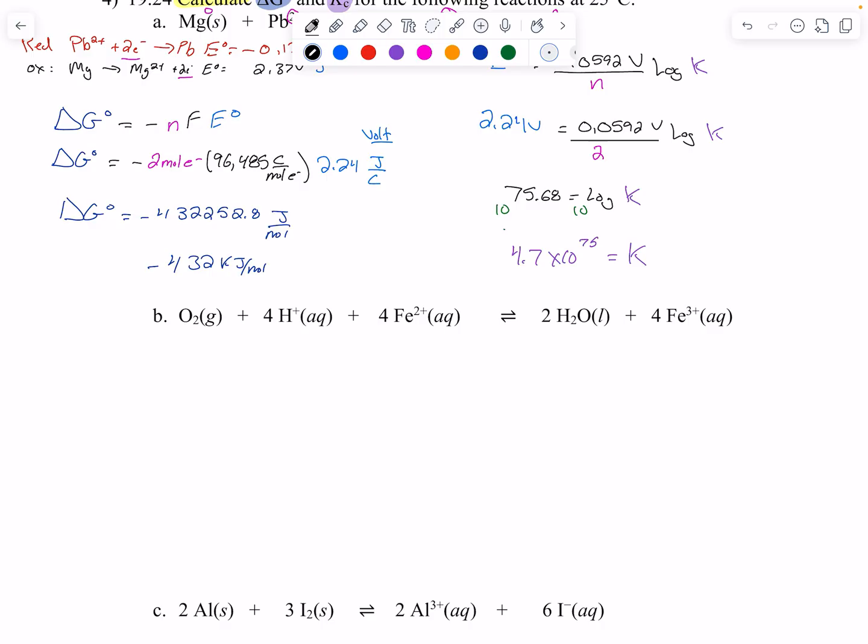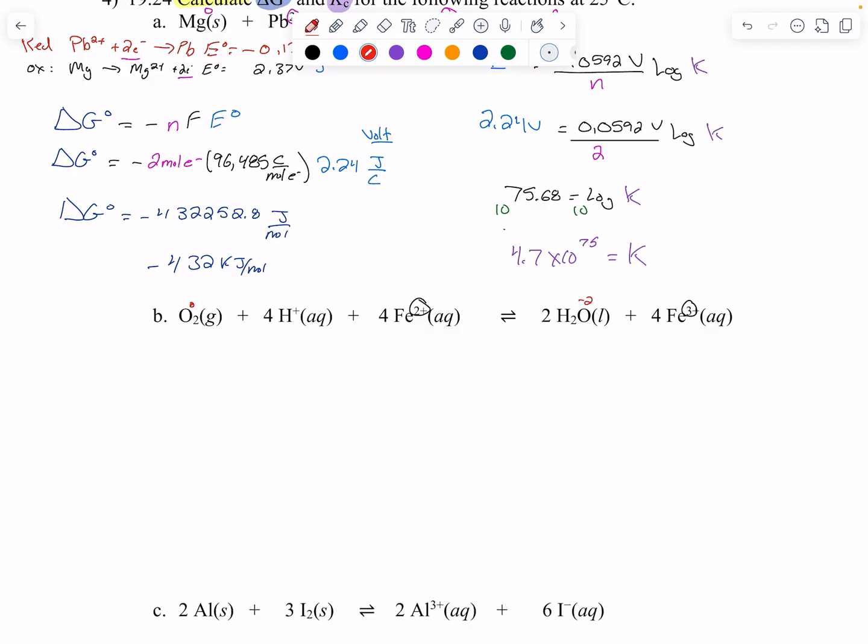Oxygen is going from 0 to -2, and iron is going from +2 to +3. And so we have our oxidation and a reduction.